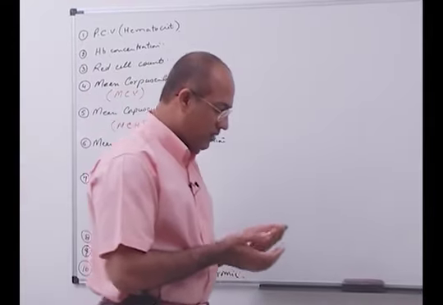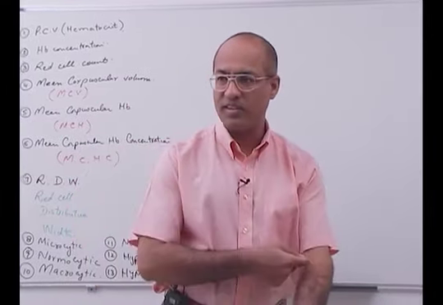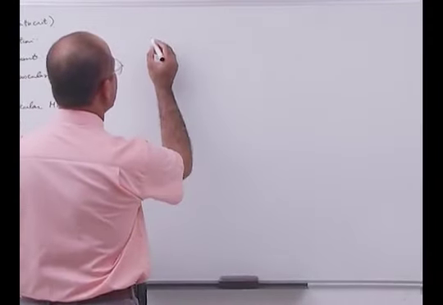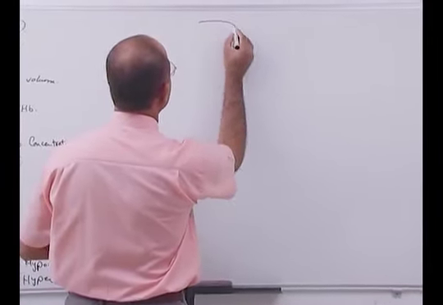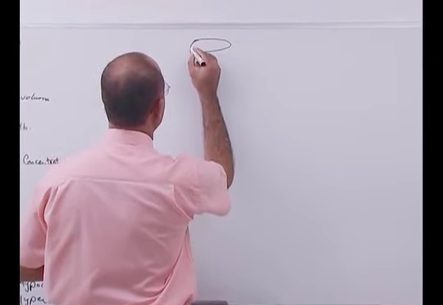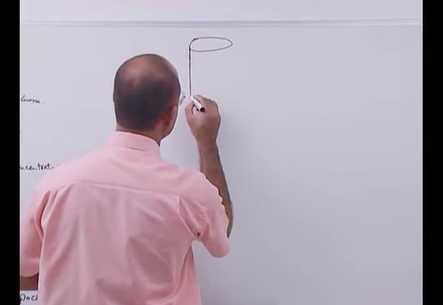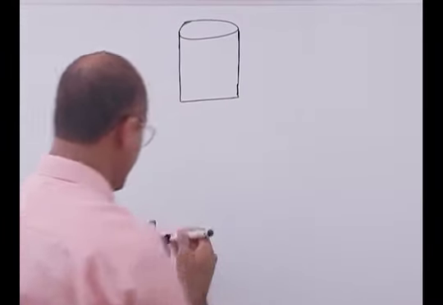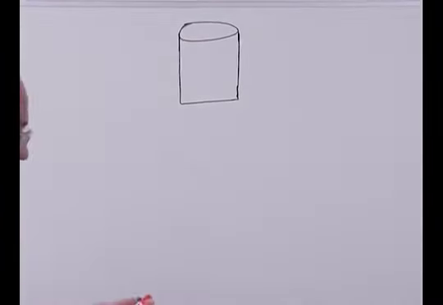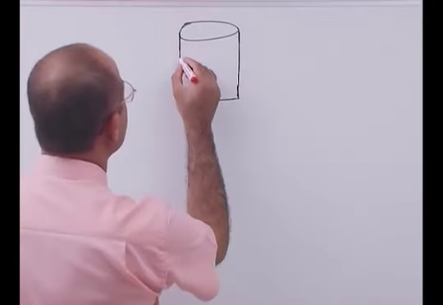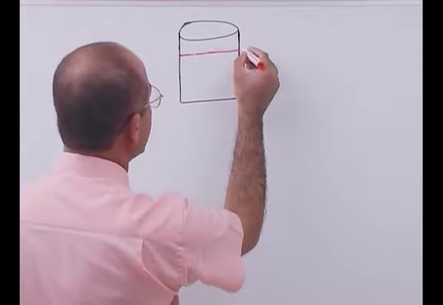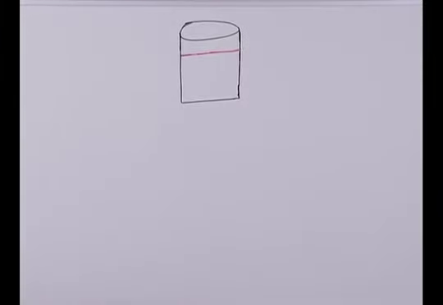Let's suppose we take blood from a person, from his vein, and we put it into this tube. Let's start studying this situation. Suppose this is a container, and we put blood into it, up to this level.